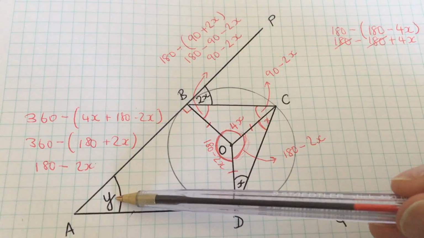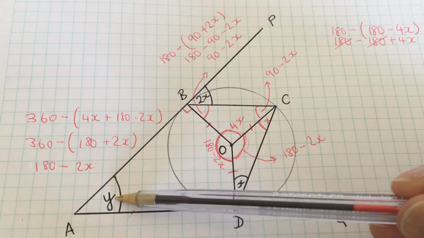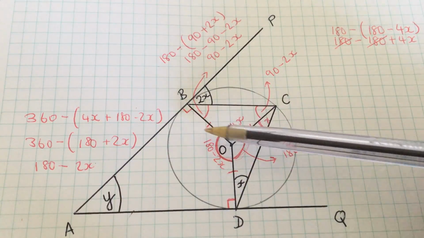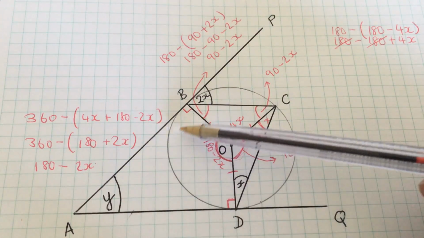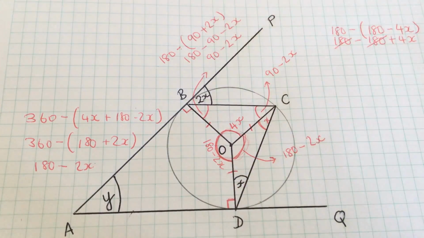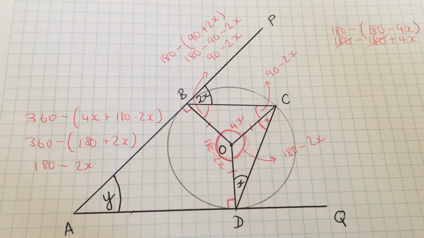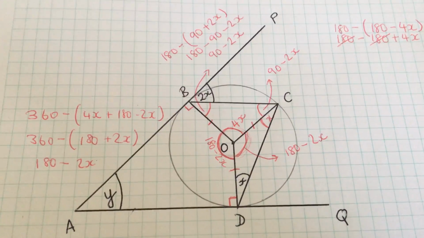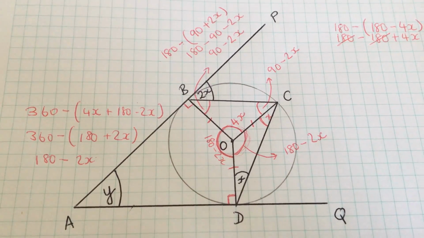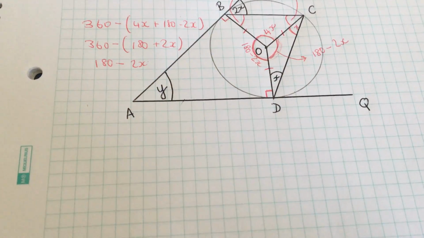We've got to prove that angle y is equal to 2x. So we add up all the angles that are in this quadrilateral, and we are using geometric knowledge that angles in a quadrilateral add up to 360. So I'm going to move this slightly down so you guys can all see.